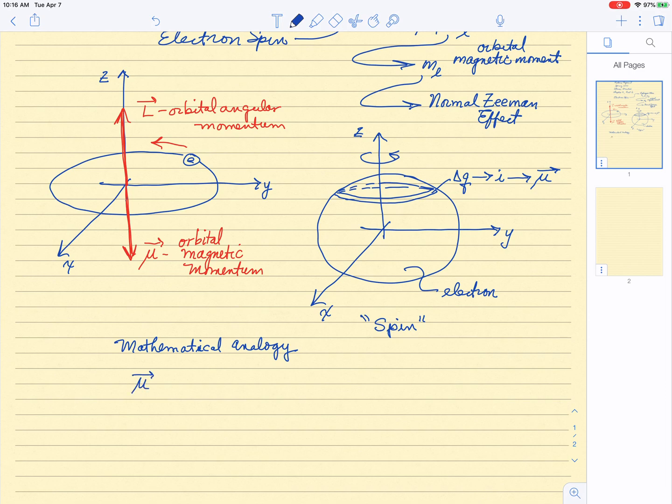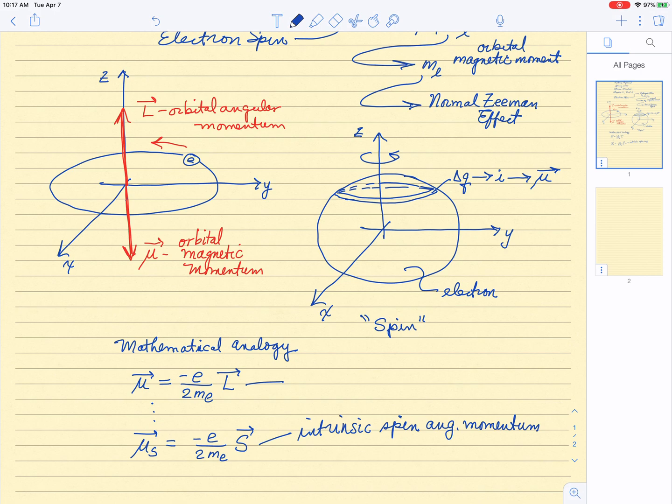And so the orbital magnetic moment is equal to negative e over 2 m sub e times L. And so it was thought that one can use the same mathematics, and that this spin magnetic moment now is going to be equal to negative e over 2 m sub e times this intrinsic spin angular momentum.